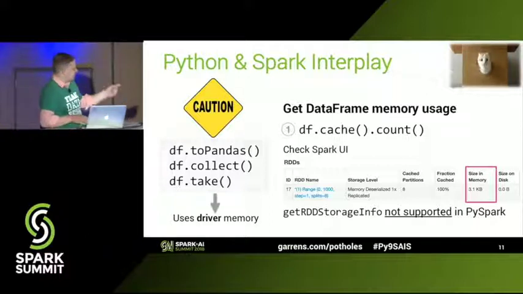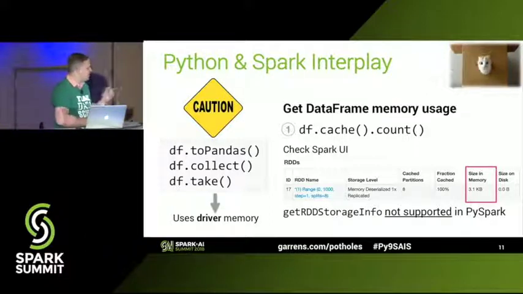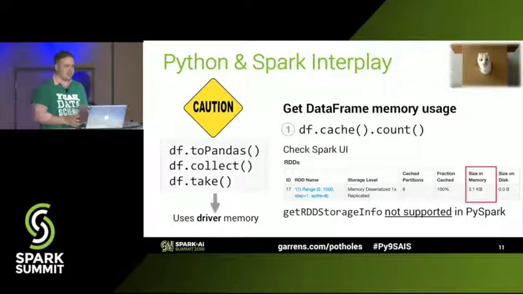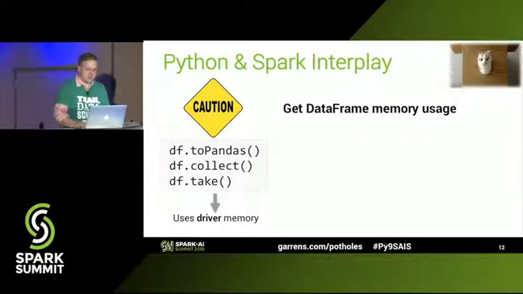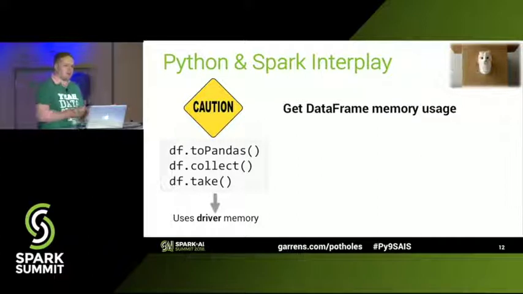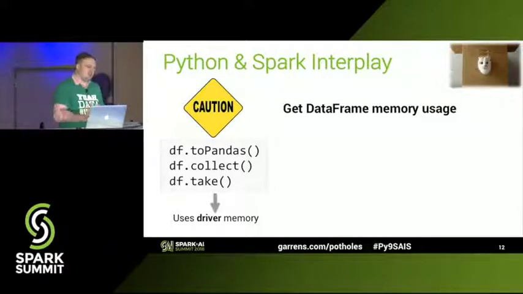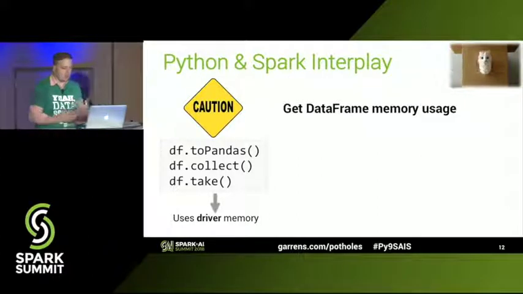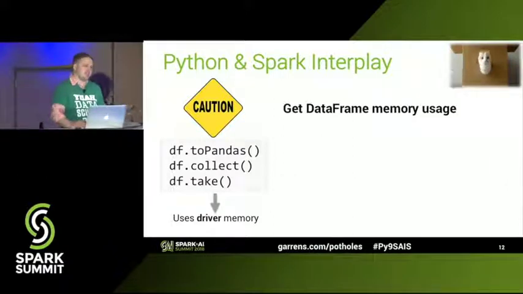Don't try to use getRDDStorageInfo, because that method is not supported in PySpark. I know, dumb. But don't worry, I got another fun way that you get your memory, because maybe the whole point is you don't know how much memory you have in your data frame yet. So one of the ways that I would really recommend is actually taking a sample.